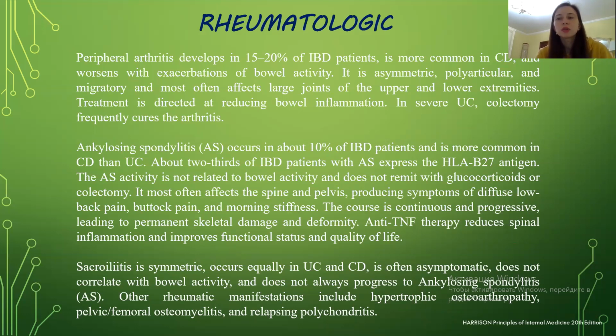Next rheumatological manifestation, ankylosing spondylitis, occurs in about 10% of inflammatory bowel disease patients and is more common in Crohn disease than ulcerative colitis. Next manifestation, sacroiliitis, is symmetric, occurs equally in colitis and Crohn disease, is often asymptomatic, doesn't correlate with bowel activity, and doesn't always progress to ankylosing spondylitis.